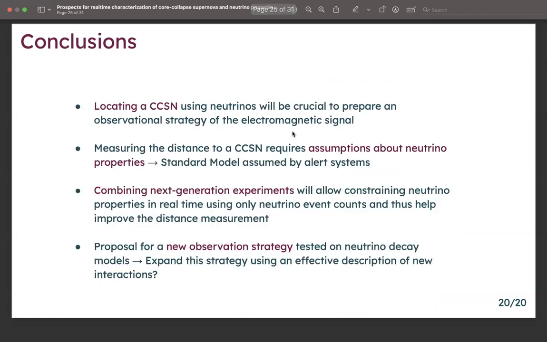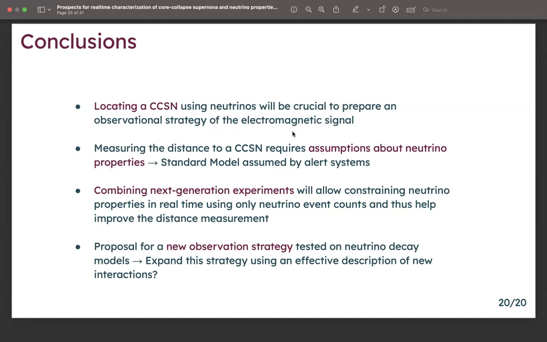So that's it. To conclude, I would like to focus on these things. We know that locating a supernova using neutrinos is crucial in order to prepare an observational strategy for the electromagnetic counterpart. Now, measuring the distance that is needed for locating the supernova requires assumptions about neutrino properties.